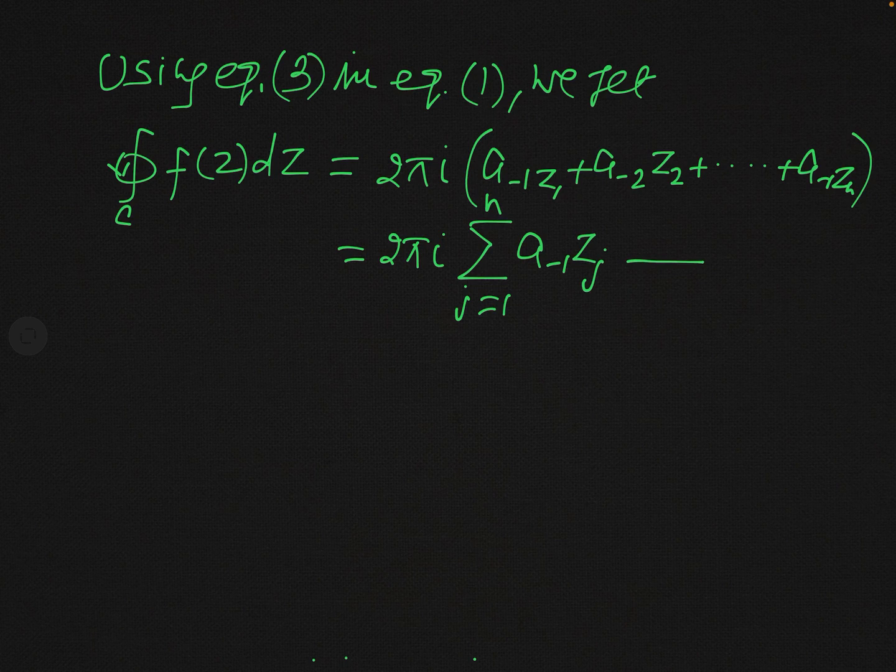So the result which I have mentioned in equation A, this is the result which was to be proved, or you can say this is the statement of the Cauchy residue theorem. So you can see Cauchy residue theorem is now established, and we will use this theorem in later lectures to evaluate certain types of definite integrals.